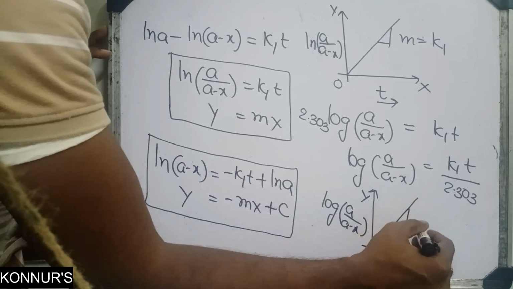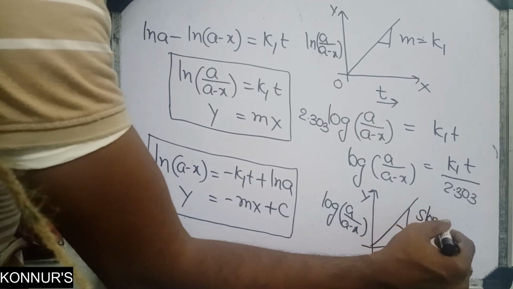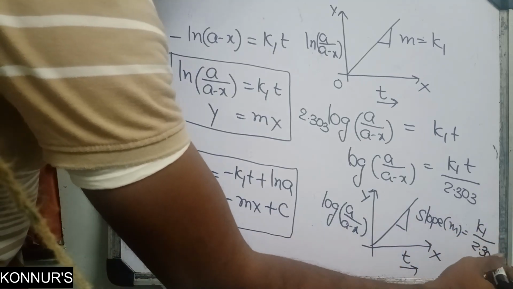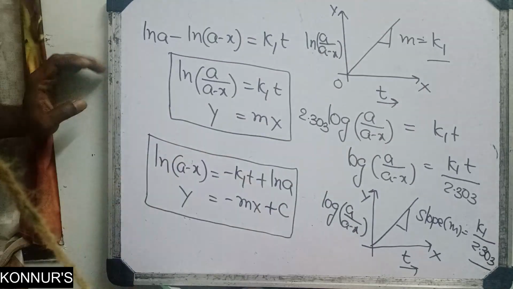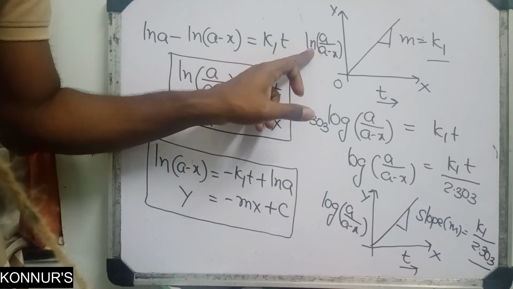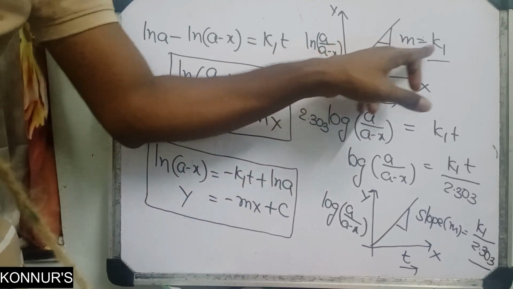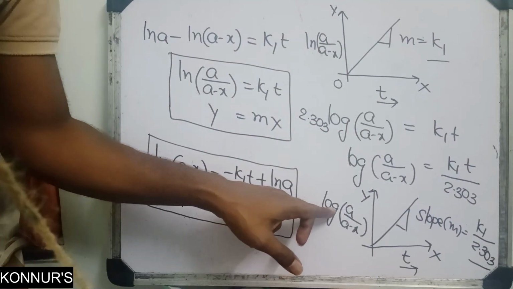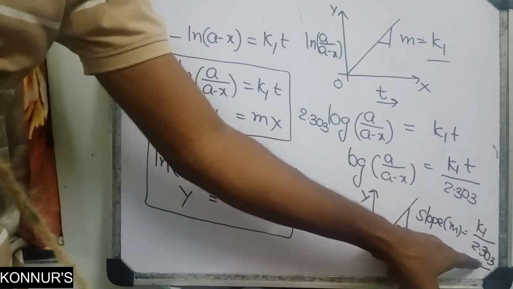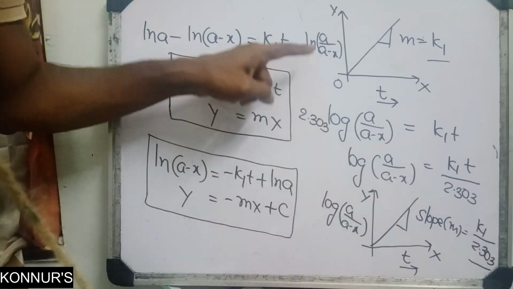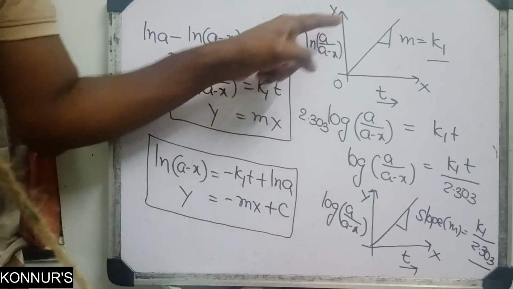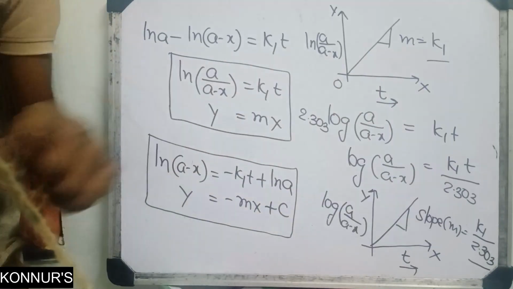So this is also a slope, but slope m equal to K1 by 2.303. You must concentrate on the graph: if ln, natural logarithm, is mentioned, your slope is K1. If they mention log of A by A minus x, then your slope will be K1 by 2.303. In the examination, whether natural logarithm or base 10 logarithm is given, you must concentrate and write this down.